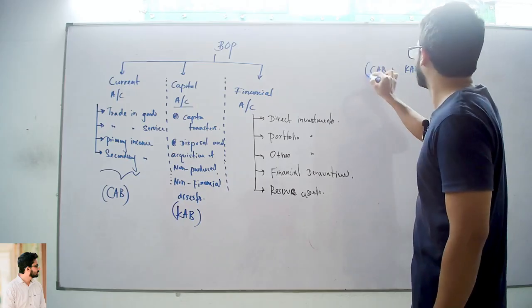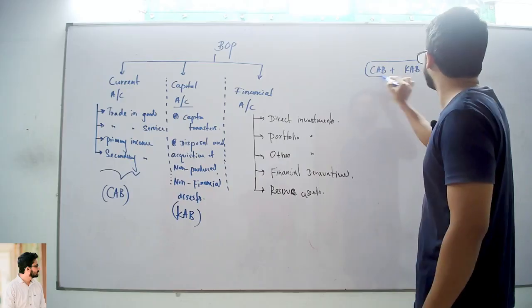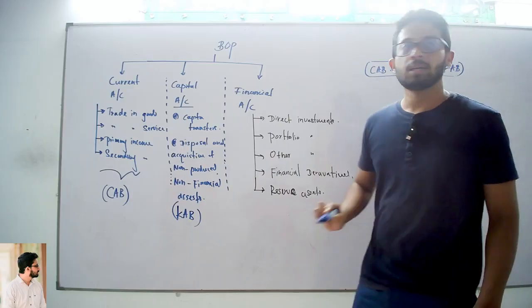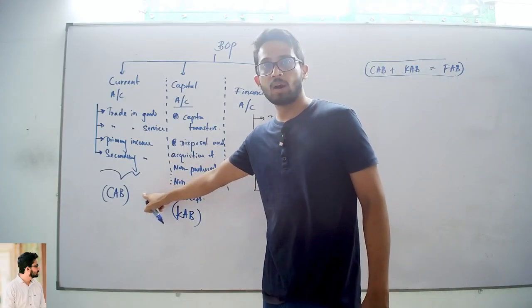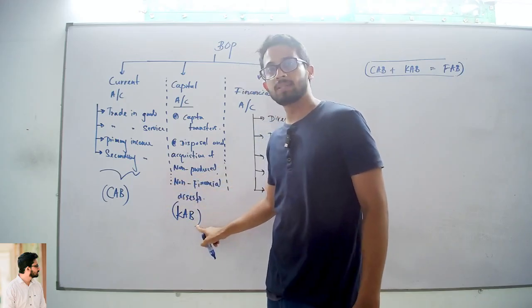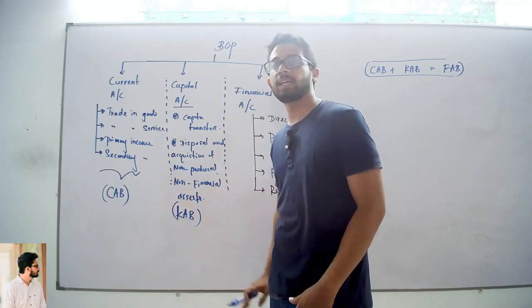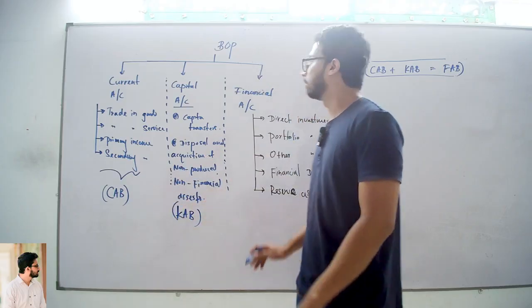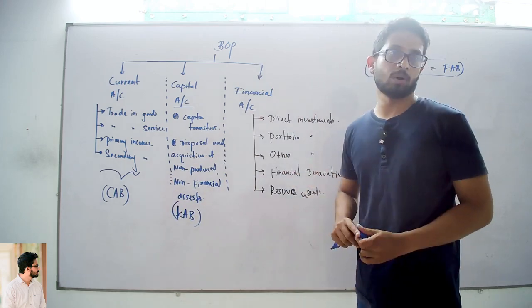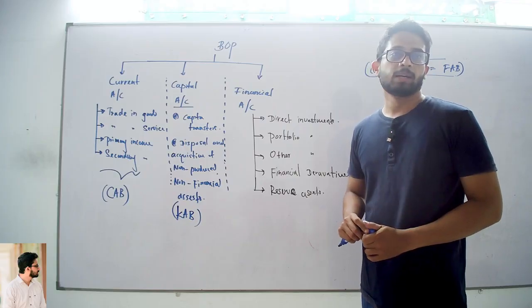Remember this relationship. If you add the current account balance and capital account balance, the total value should be equal to the balance of the financial account. That is the idea.